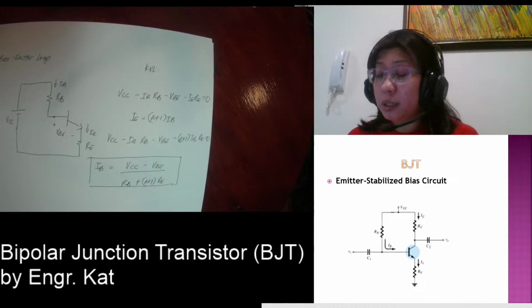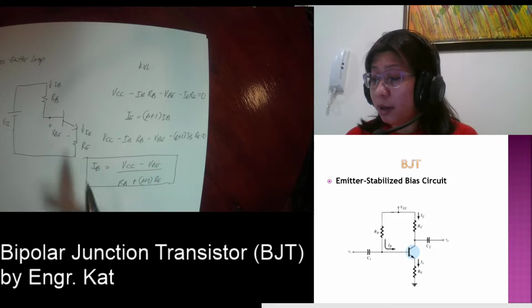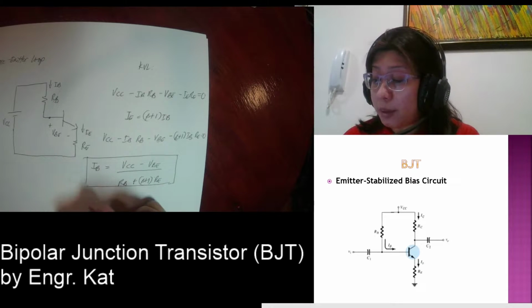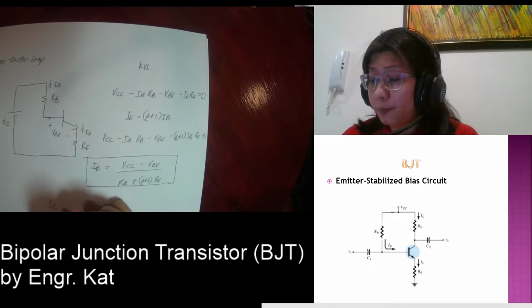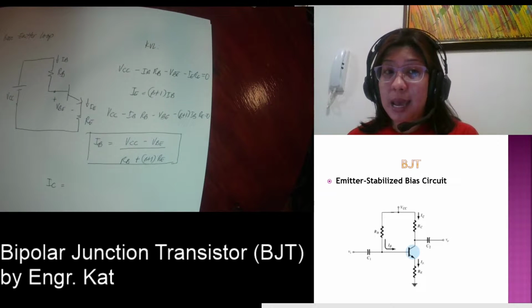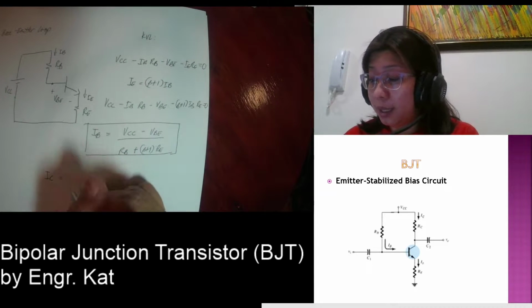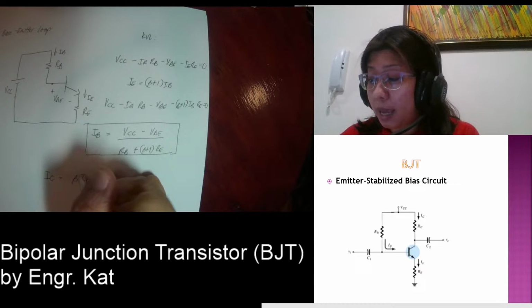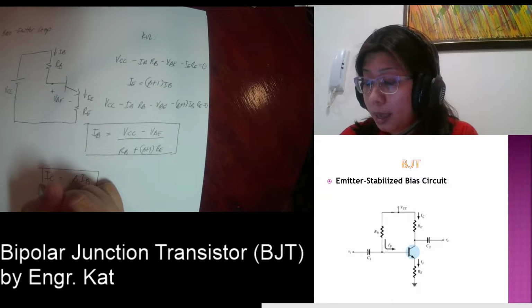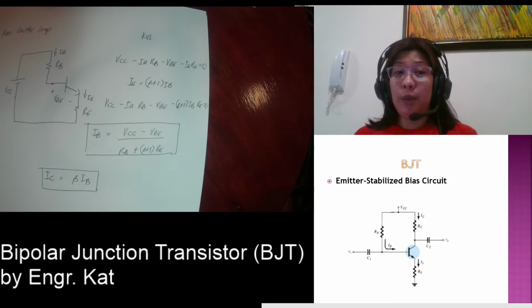Why? Because just like in the fixed bias configuration, upon solving for IB, we can now solve for your IC. So what is your IC? It's the same. IC is still equal to beta multiplied by your IB. Okay?